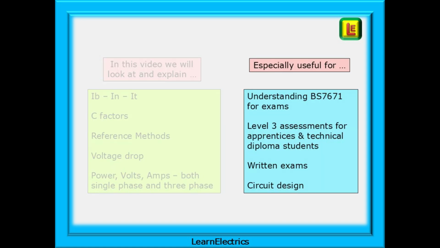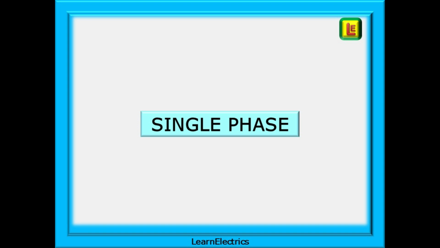This video will be especially useful for understanding and using the BS7671 book in preparation for exams and just improving knowledge. Also for Level 3 assessments for apprentices and technical diploma students, and for written exams and those involved in circuit design. We should begin with single-phase circuits and work through a typical example.